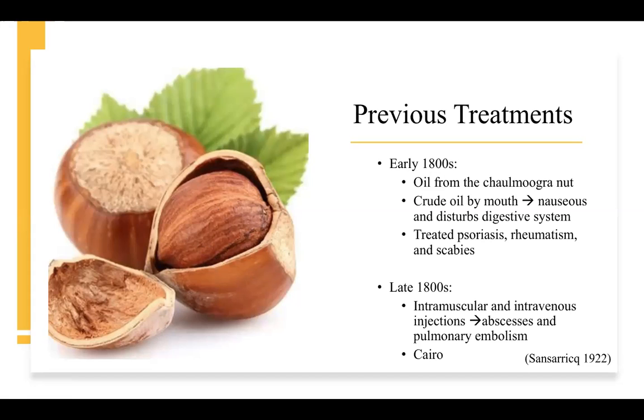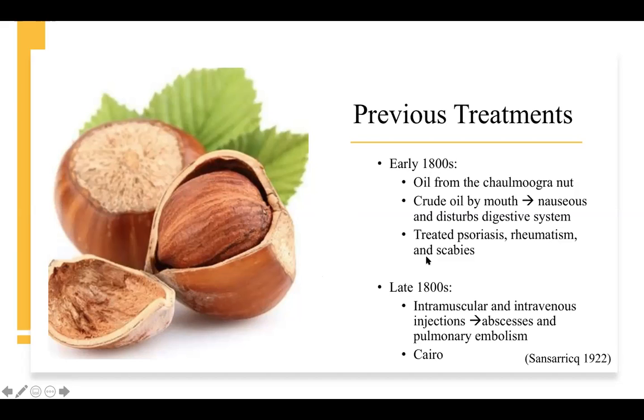At this time, this oil would also treat psoriasis, rheumatism, and scabies because of its tremendous anti-inflammatory properties. It does have a foul-smelling odor, and it is native to Myanmar and India. The tree that these seeds come from is called Taraktogenos kurzii, and the doctors would administer that oil after the seed was extracted and filtered.